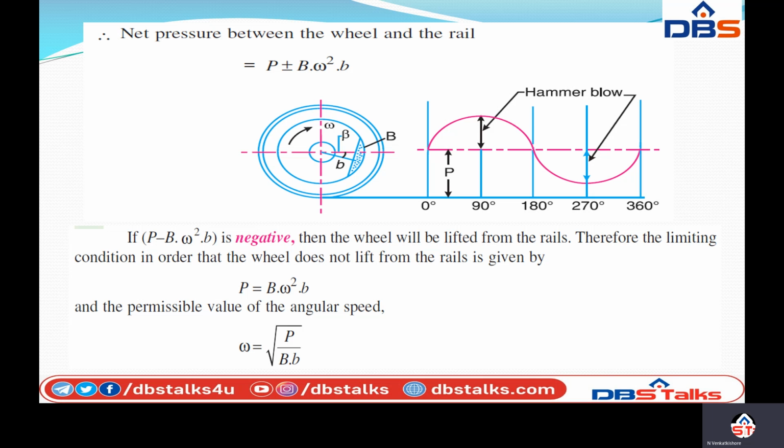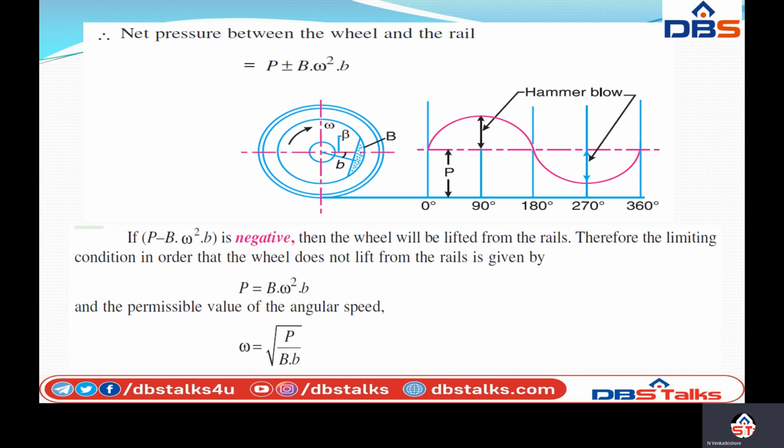In addition to that, we are adding the down pressure. If P minus B omega square b is negative, then the wheel will be lifted from the rail. Therefore the limiting condition for the wheel not to lift from the rail is P equal to B omega square b, and the permissible value of the angular speed omega is equal to square root of P by Bb. This is the equation for the hammer blow.